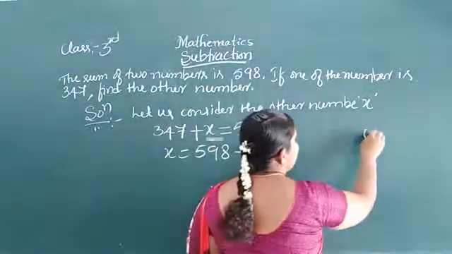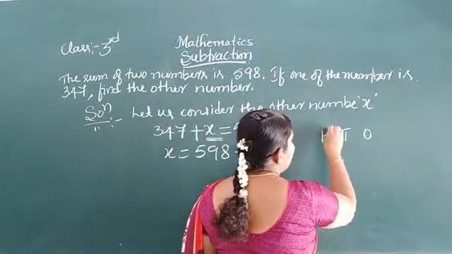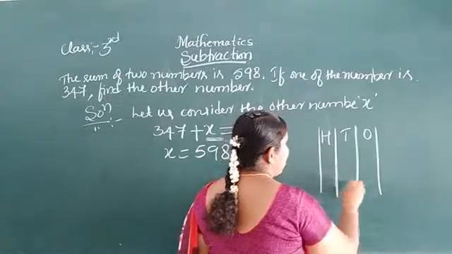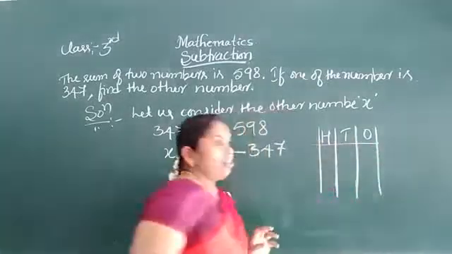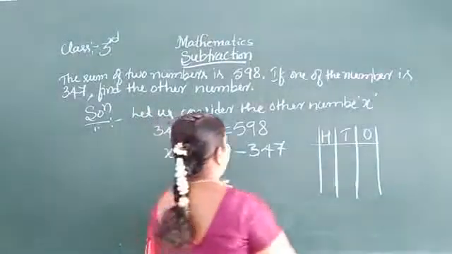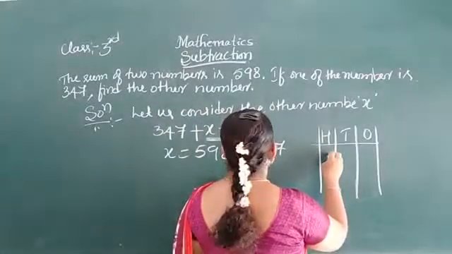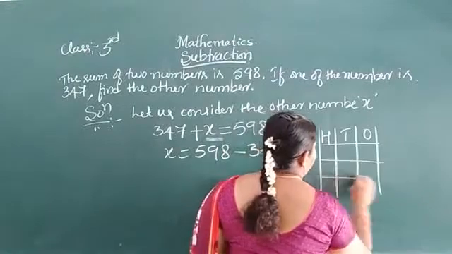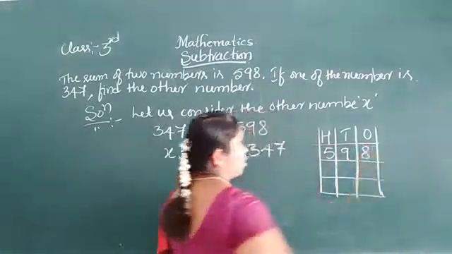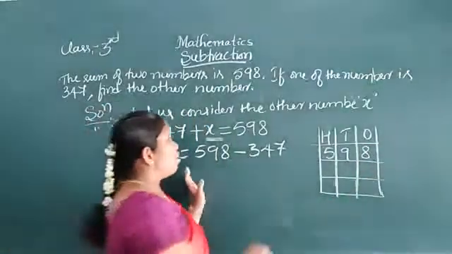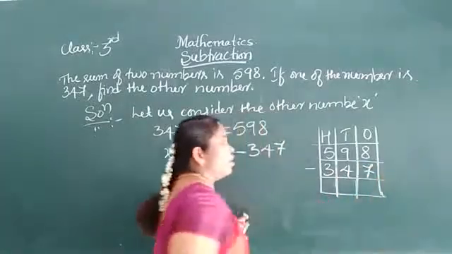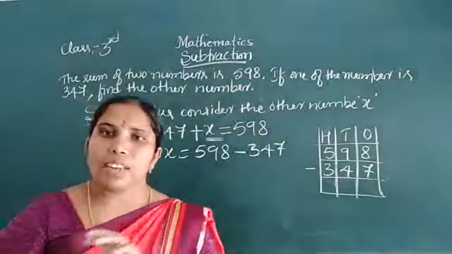Do subtraction here. See here, ones place, tens place, hundreds place. So now write down the numbers below the place values. First 598, then after that 347. Subtract these two numbers.